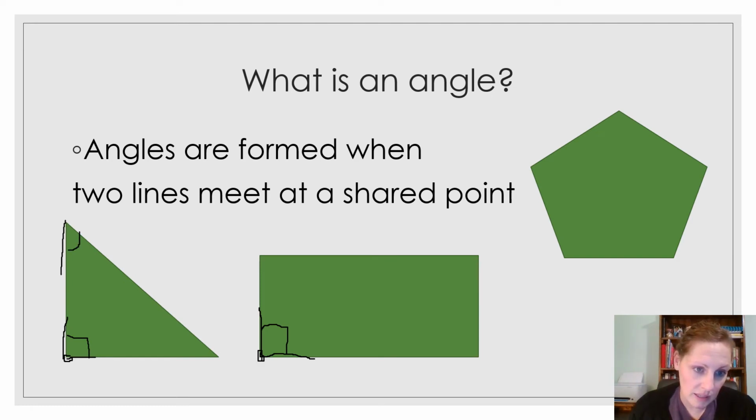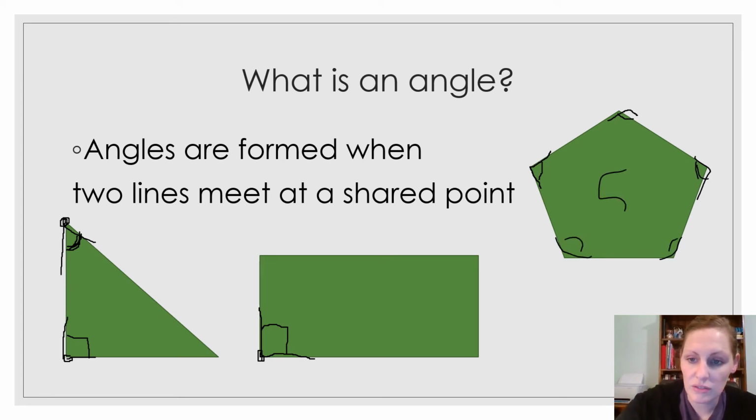You might think of the vertex as the actual point, and the angle is the space inside between the 2 lines. So on this shape, we have an angle here, an angle here, an angle here, and an angle here. Excuse me, scholars, I'm trying my best to draw. So there's 5 angles on this shape.